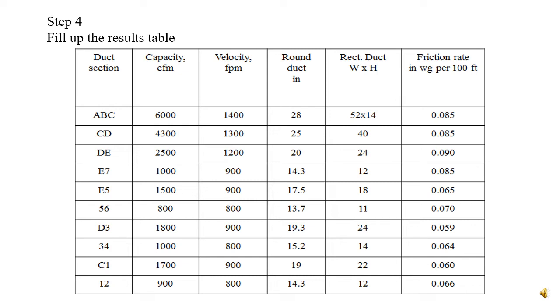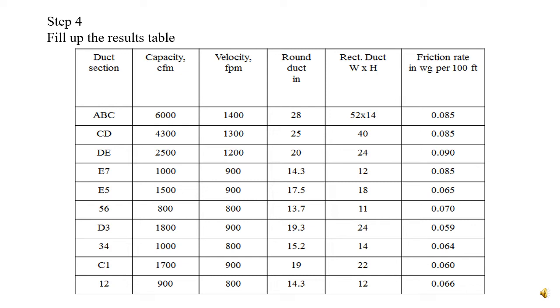Alright, so this is a table example. Here you can put in the first column the notation of the duct section, and the second column is the capacity in CFM.